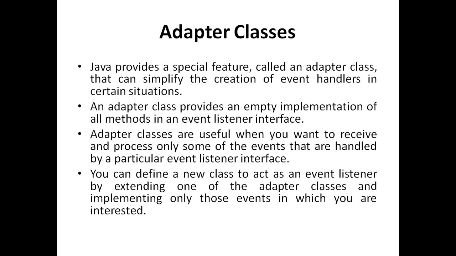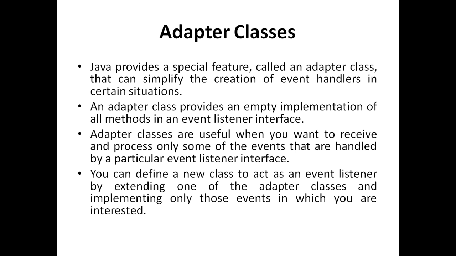So for that we make use of adapter classes. Java provides a special feature called an adapter class that can simplify the creation of event handlers in certain situations. An adapter class provides an empty implementation of all the methods in an event listener interface. So this adapter class is going to provide an empty implementation of all the methods available in the event listener interface.